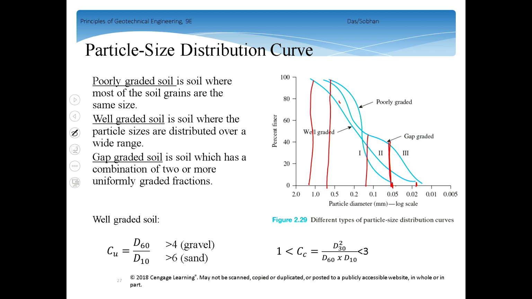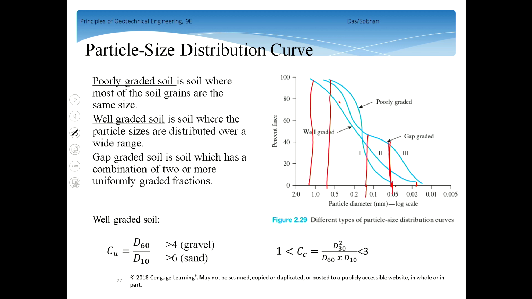For this range of particles, you see the percentage almost didn't change, or the change of the percentage is very small, right? That means this range of particle size is almost missing in this soil. There are not many particles in this range.